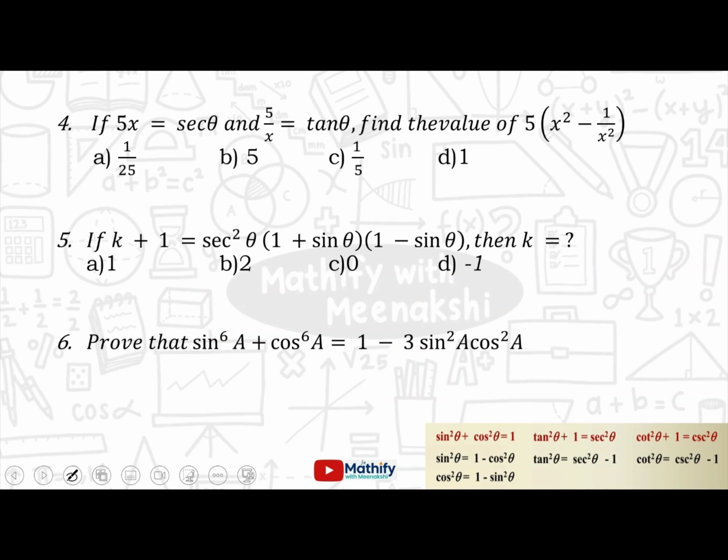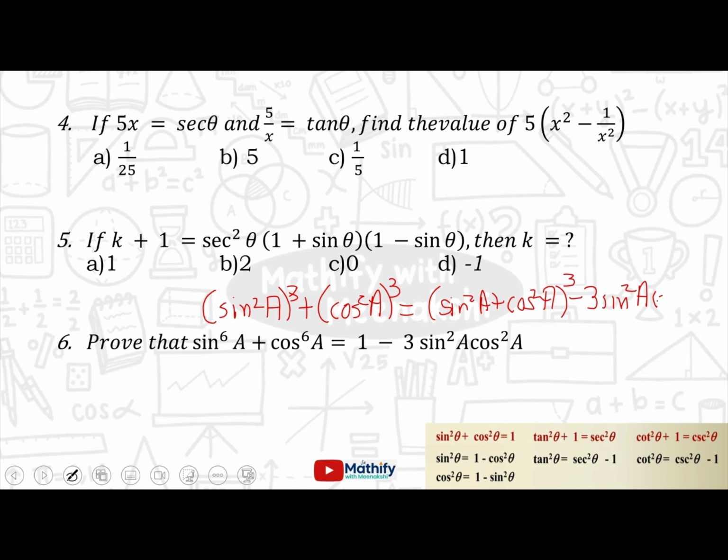Now let's use it directly. Again I'm writing this as sine square a cube plus cos square a cube is equal to sine square a plus cos square a whole cube minus 3ab, that means minus 3 sine square a cos square a, into a plus b, that is sine square a plus cos square a.